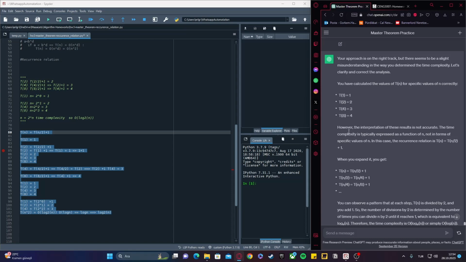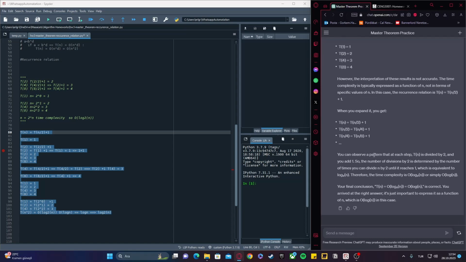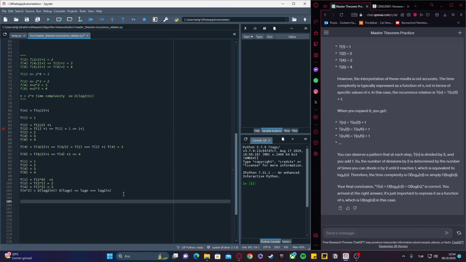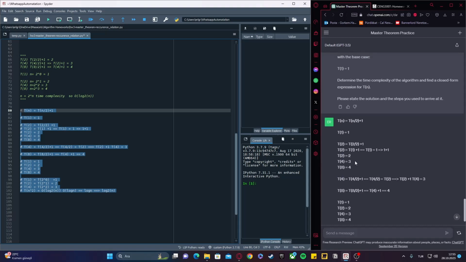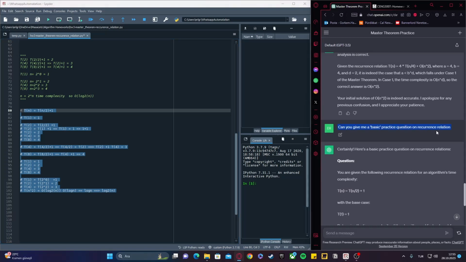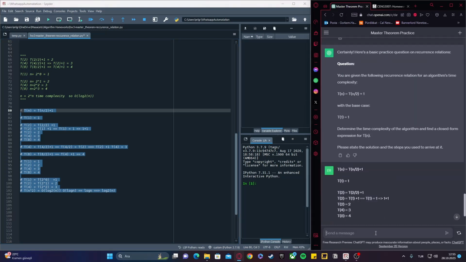What I want to say is that I shouldn't express it in terms of values like T(1), T(2), or T(4). I have to express it just in T(n), and I just wanted to explain that. So sorry for the confusion, and let's continue with the second question.